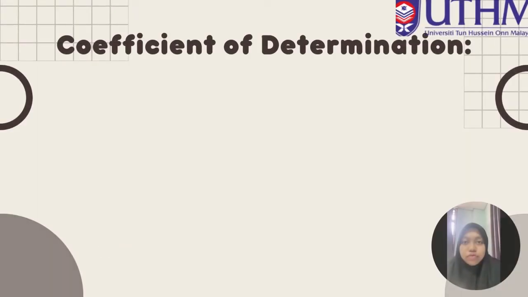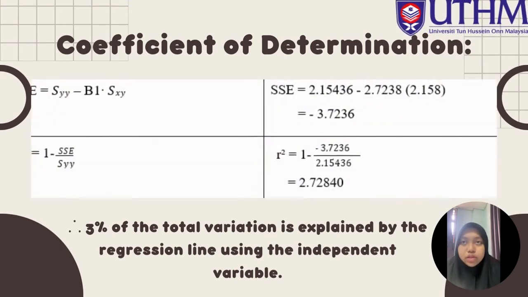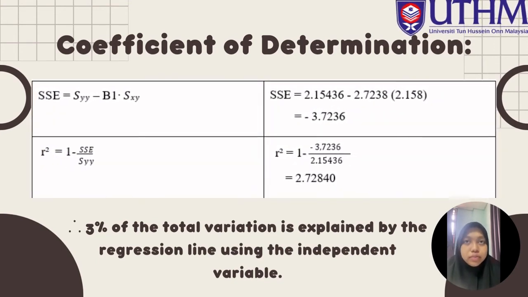Last is the question for question A, which is to calculate the coefficient of determination and the coefficient of correlation. As you see here, for the coefficient of determination, SSE has the formula SSE equals Syy minus B1 times Sxy. So R squared is 1 minus SSE divided by Syy.